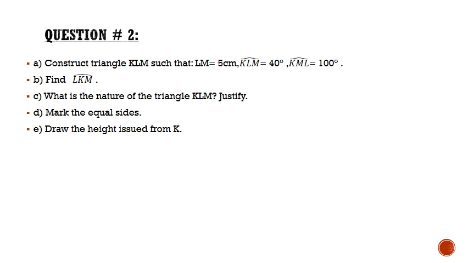Then using a protractor, I measure the two angles and I construct the lines. In this case, we will obtain this triangle. Okay, LM measures 5 centimeters. Angle L is 40 and angle M is 100.